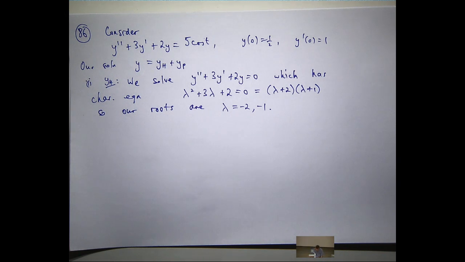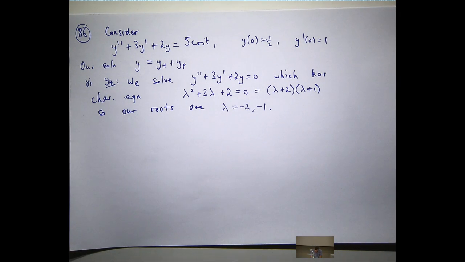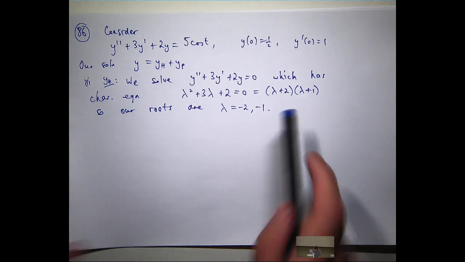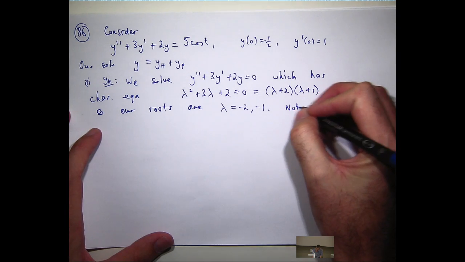Well, hang on, so what's y sub h going to be? How do we determine what the structure of y sub h is? We've got these roots, these lambdas. What do we do with them? Yeah, so how did you get that? Well, the roots, they're both real numbers, right? And they're not equal to each other. So that then comes up with your suggestion.